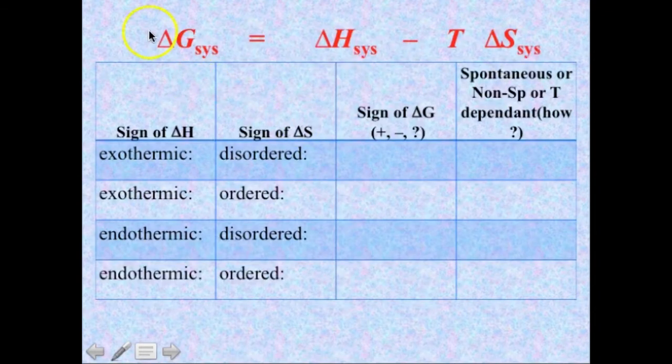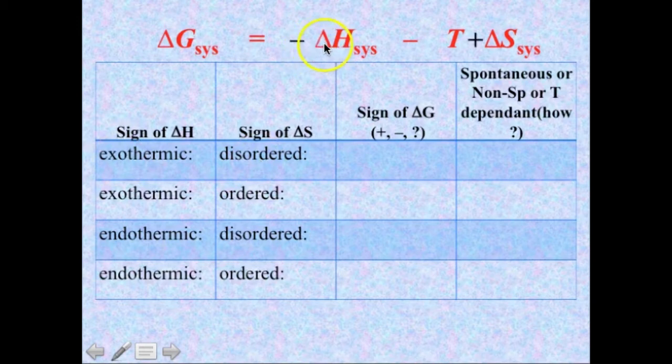Now we're going to examine 4 scenarios in which we change the enthalpy and the entropy and how the corresponding signs of those changes of enthalpy and entropy affect the sign of the change in free energy. Suppose we have an exothermic change where the system becomes more disordered.